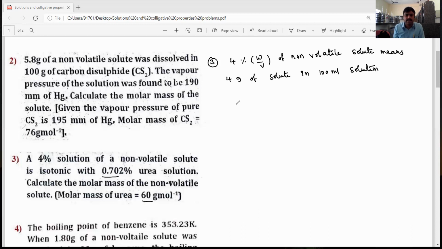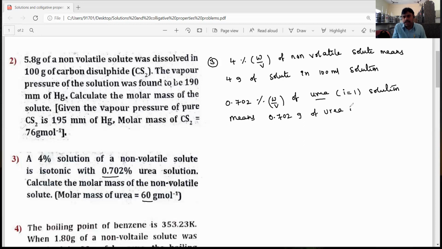Okay students, in the same way, 0.702% weight by volume of urea solution. For urea, i is equal to 1 because it is also a non-volatile and non-ionized solute. Urea solution means 0.702 grams of urea in 100 ml of solution.